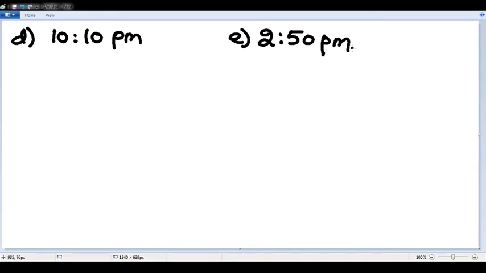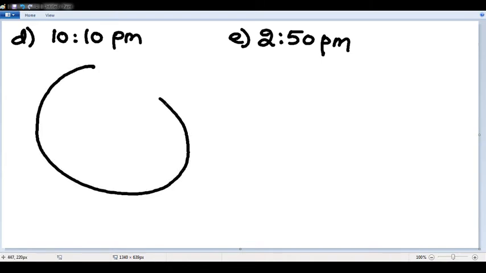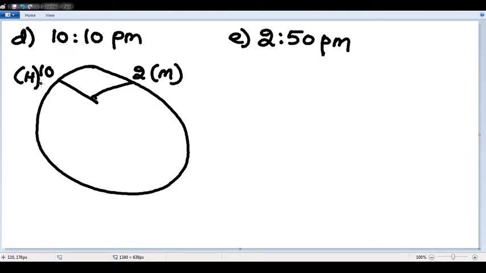Right. Step number 1: 10:10 p.m. Clock is in the form of a circle. At 10:10 p.m., the hour hand will be at 10 and the minute hand will be at 2. Now if you see 10 to 2, how many hours difference? 4 hours difference. 1 hour is 30 degrees, so 4 hours is a total of 120 degrees.